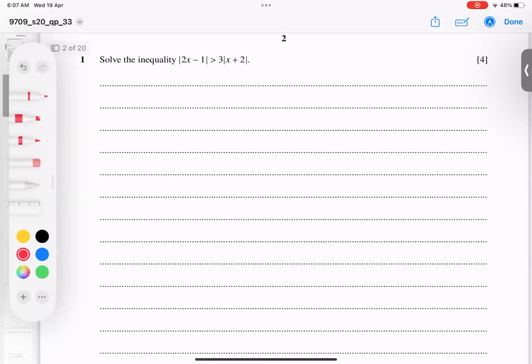And let's start. Whenever modulus is involved on both sides, we must square both sides like this. Even the 3 outside, we have to square as well.